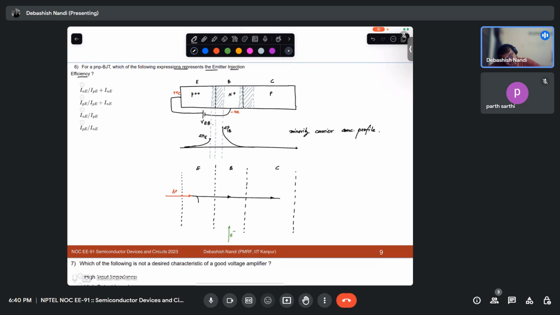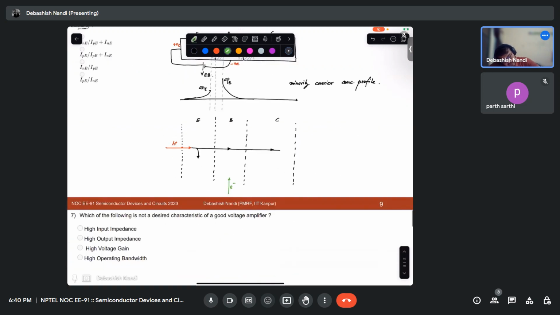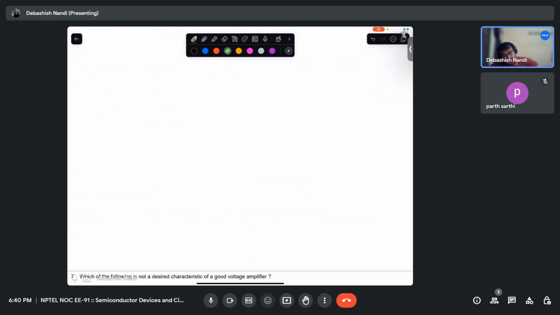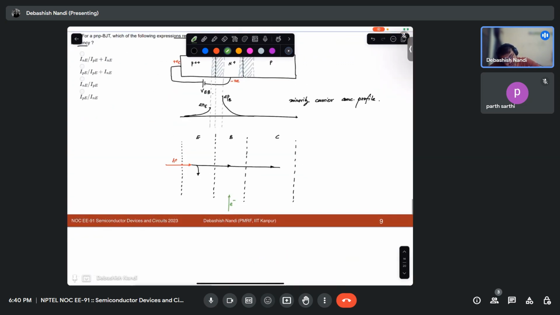A portion of holes will be moving here, a portion of the electrons will be moving to this place and recombine with this. Another portion will be moving upward.